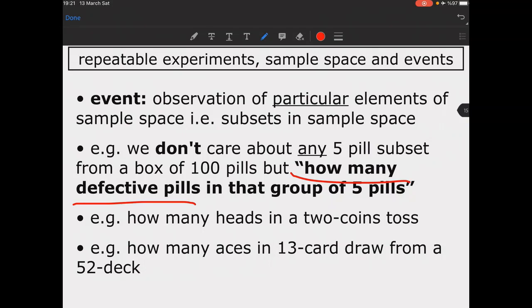And for example, how many heads in a 2 coin toss? Again, another event. And for example, how many aces in a 13 card draw from a 52 deck? That's also another event. So we're focusing on particular elements of that sample space.